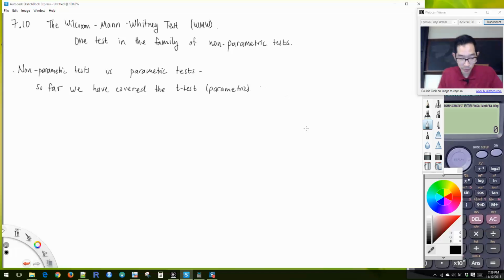Okay, and what we mean by that is the t-test relies on the central limit theorem. The central limit theorem says that when you repeatedly take random samples from any population, as long as those samples are large enough, the sample mean will follow the normal distribution.